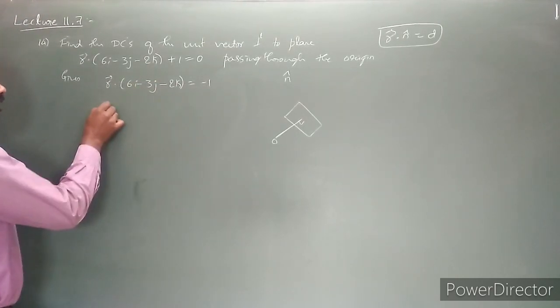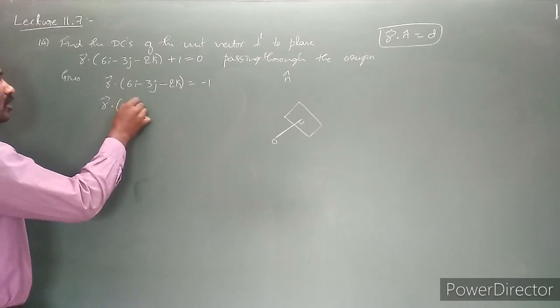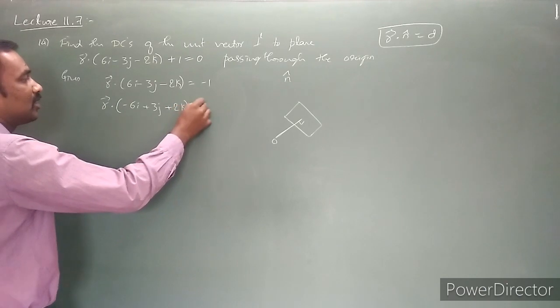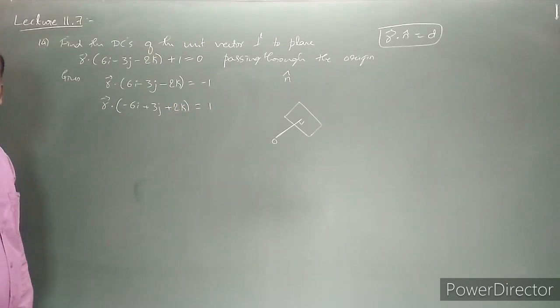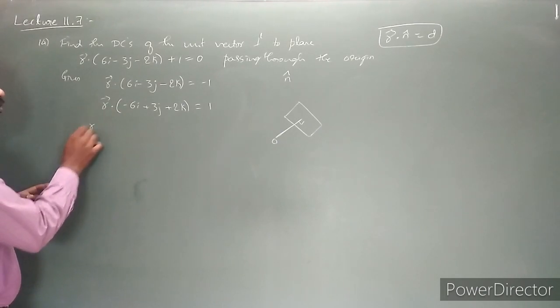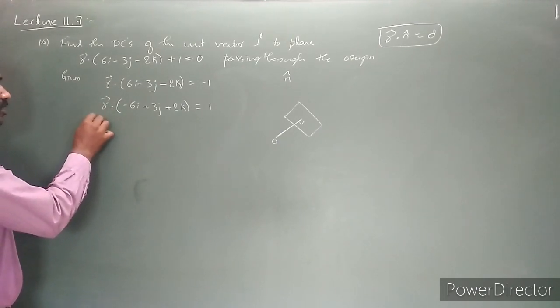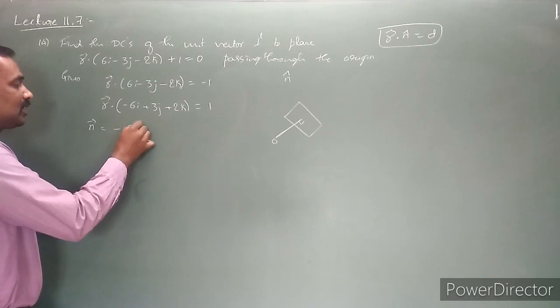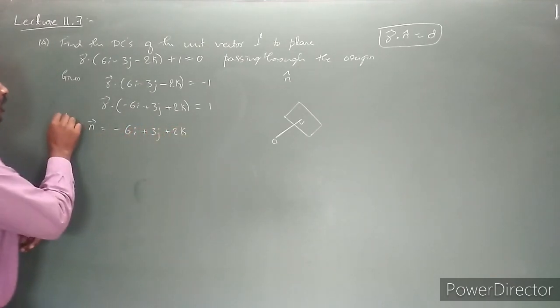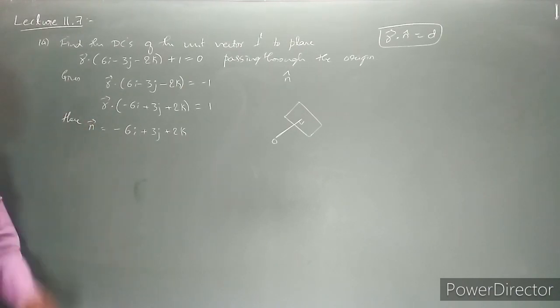So multiplying throughout the equation: r bar dot minus 6i plus 3j plus 2k is equal to 1. Are you clear? Now this becomes the vector n, that is minus 6i plus 3j plus 2k. Here it is the vector n which is called.